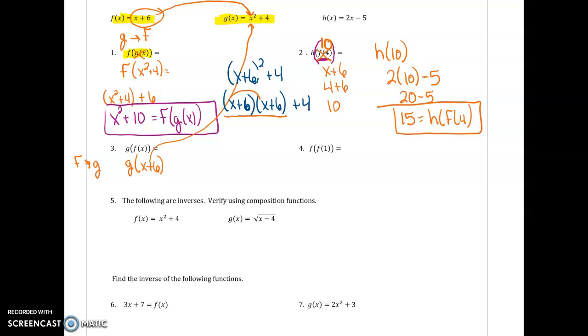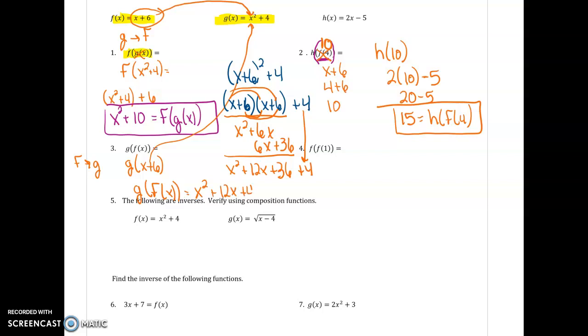So let's have x distribute, and I get x squared plus 6x. And then the 6 can distribute, and I get another 6x plus 36. So when I add those up, I get this. I don't want to forget about the plus 4 that's there. So when I'm done, g of f of x is going to be x squared plus 12x plus 40.